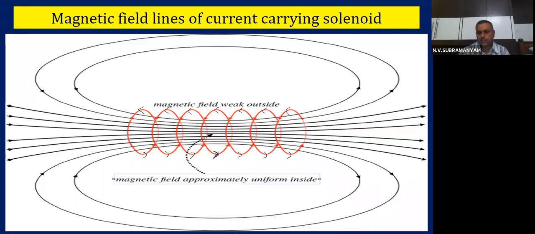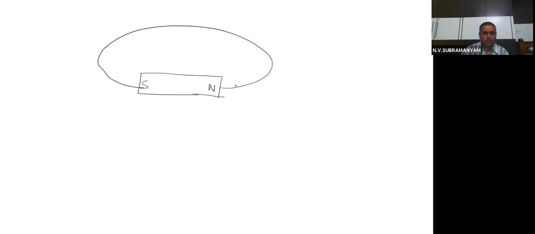Then you are asking, sir, how are you coming to that conclusion? Remember the magnet, children. In our school level, we studied about the magnet. Yes or not? When you studied about the magnet, we studied about the magnetic field lines of the magnet. How are the magnetic field lines? They start from the north pole, they go to the south pole. Right or not? So one more I am drawing for your understanding.